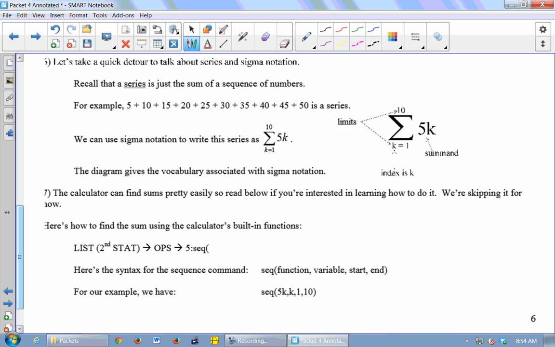And you put the 10 at the top because 5 times 10 is 50, and that gives me the last number in the series. Okay, so this big capital sigma is a summation sign. That is universally used throughout math to mean the sum. So we could use sigma notation to write this series as the sum from k equals 1 to 10 of 5k.